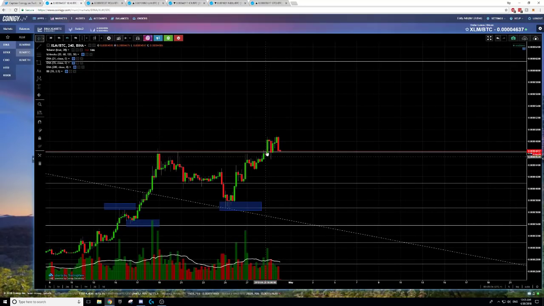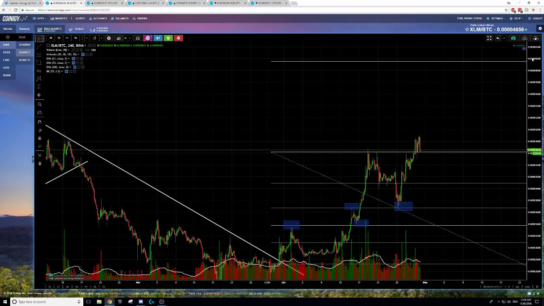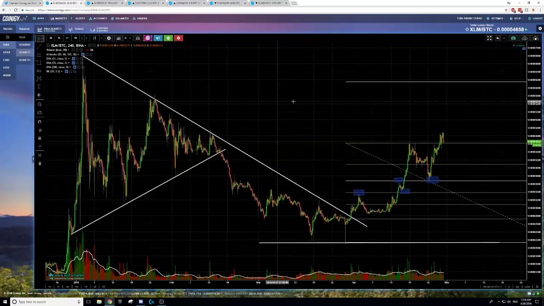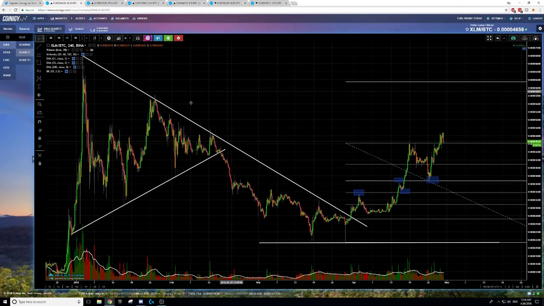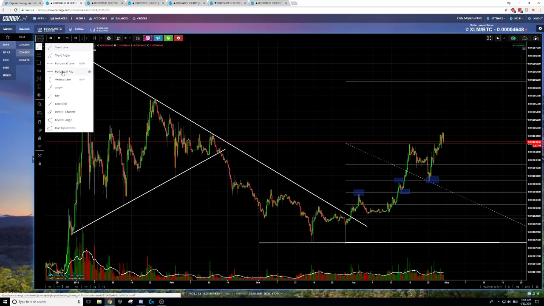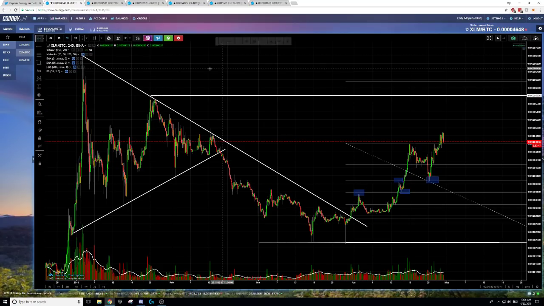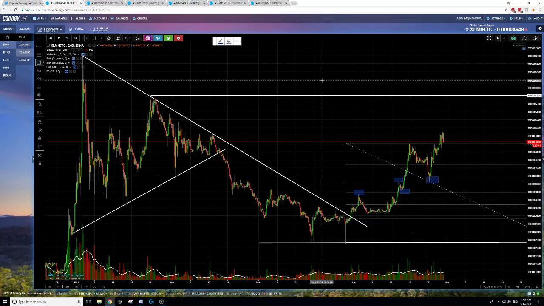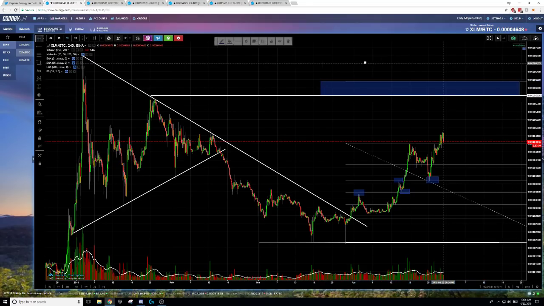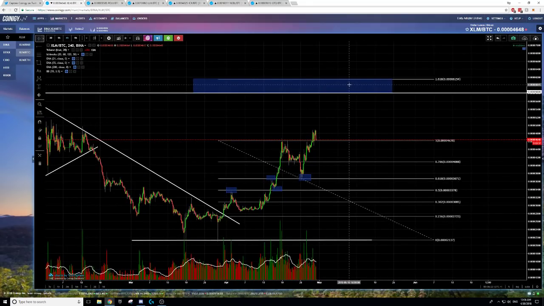It retested it as support, retesting it again as support. So as long as this holds, the next general target would be, if we draw a horizontal line from here, somewhere in between the resistance provided by this high and the 618. I would say that this would be your next XLM target.